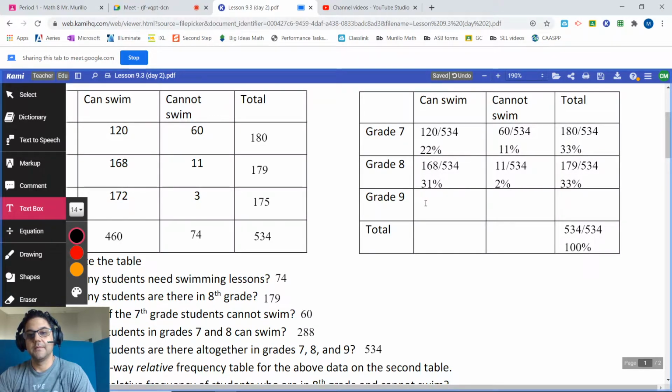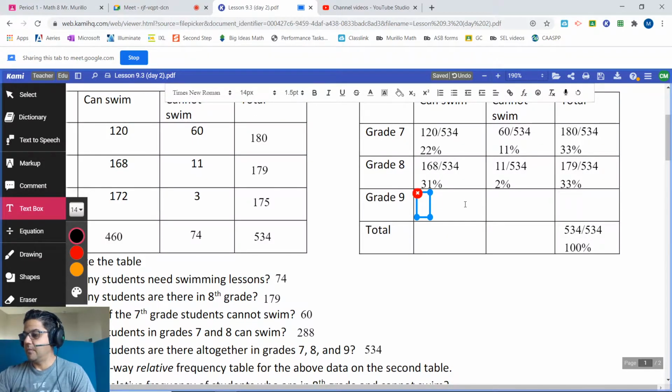All right, 172 divided by 534. 32.2, so about 32%. Really small one again, 3 divided by 534.